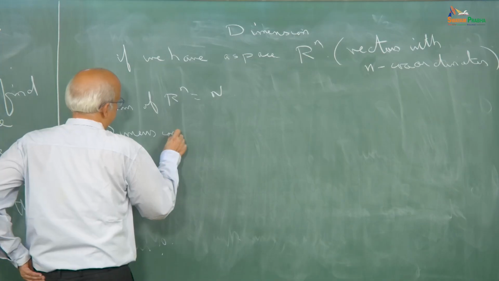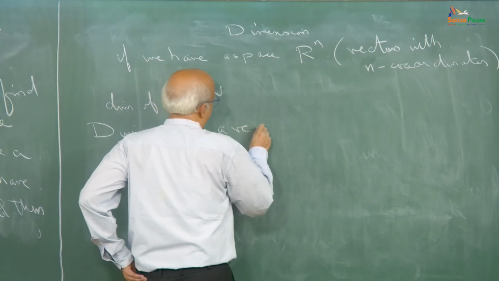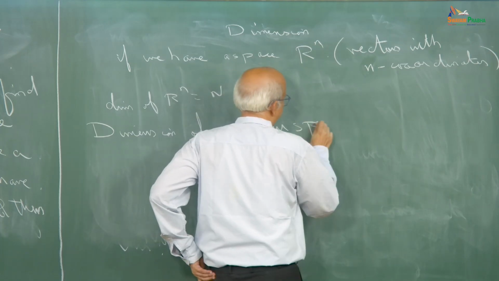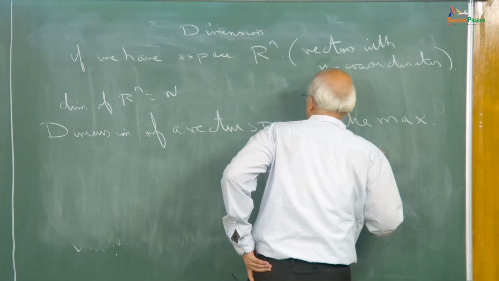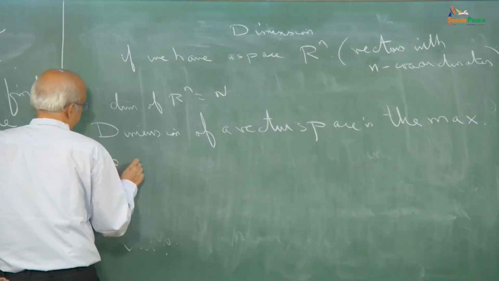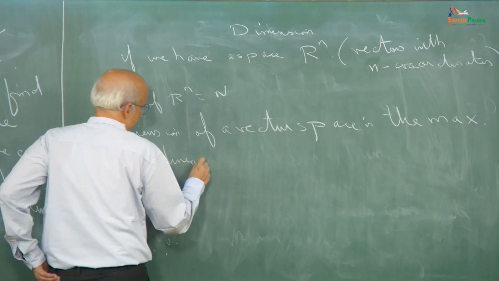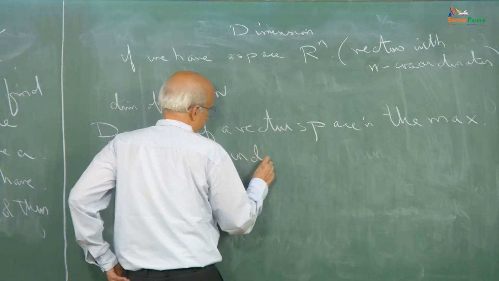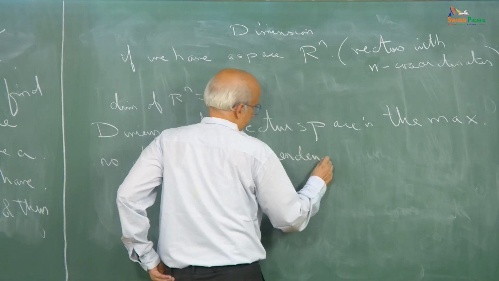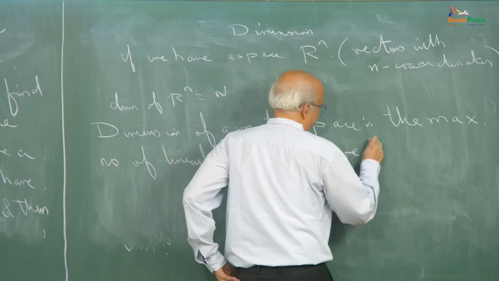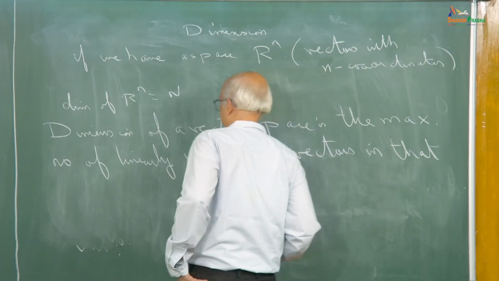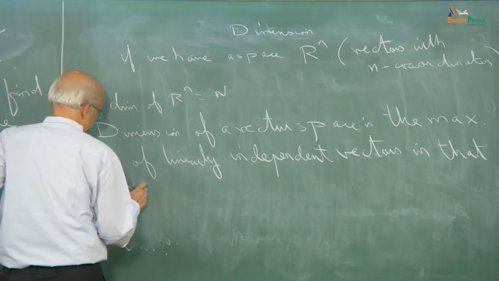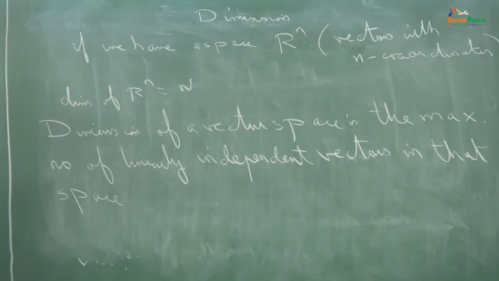The dimension of a vector space is the maximum number of linearly independent vectors.